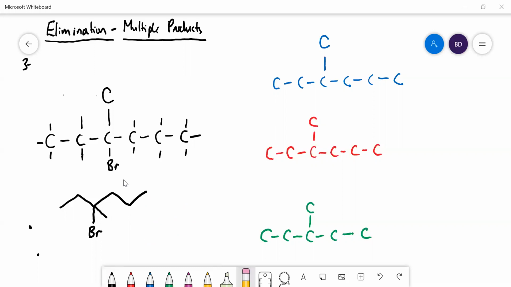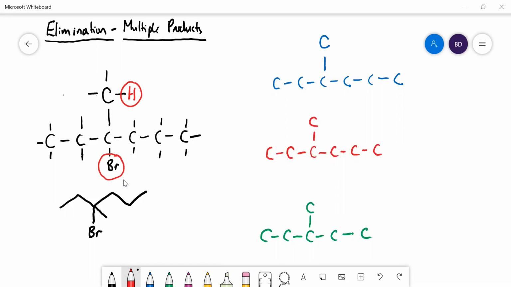Now when you eliminate, you always eliminate the bromine, and you remove a hydrogen from the carbon next door. So let's see with this red one, let's say we're going to remove that hydrogen there, which I've coloured in, from the methyl group on carbon atom number 3.